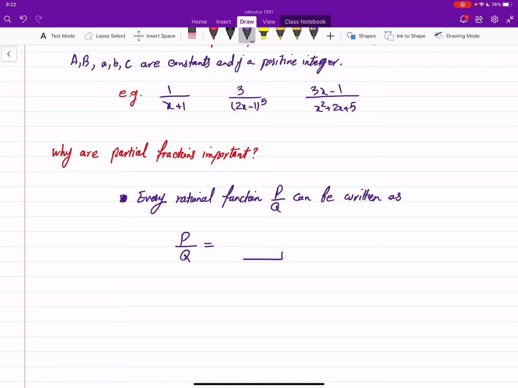I will write two pieces for that. Any rational function you give me, I can do this.